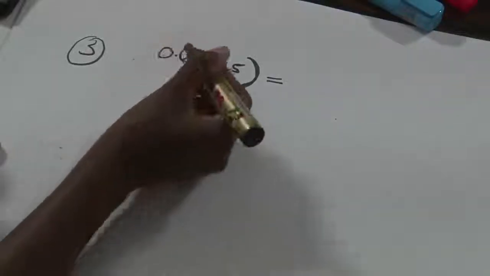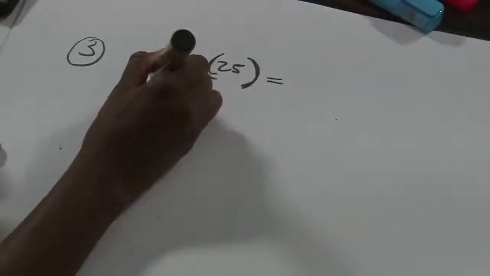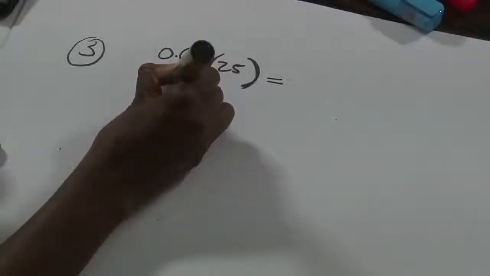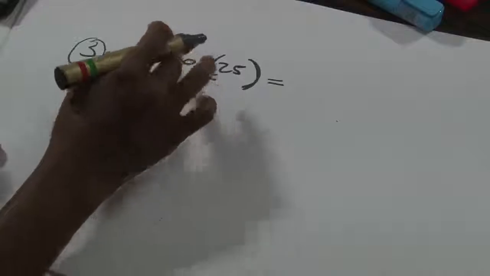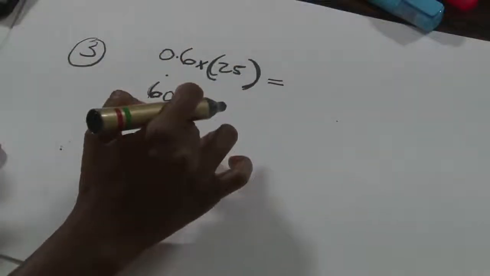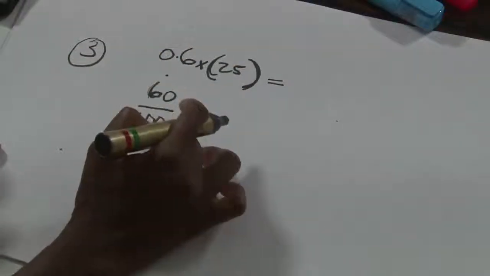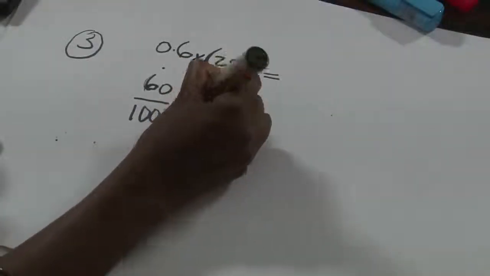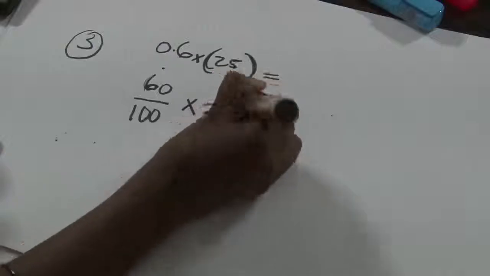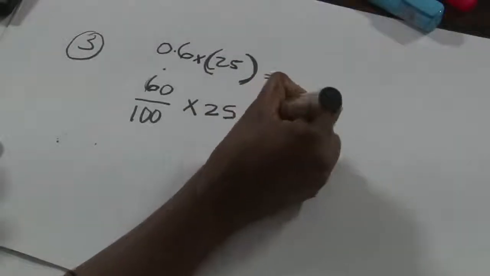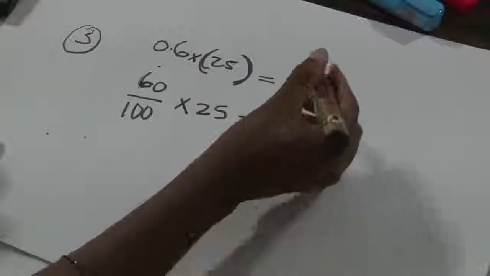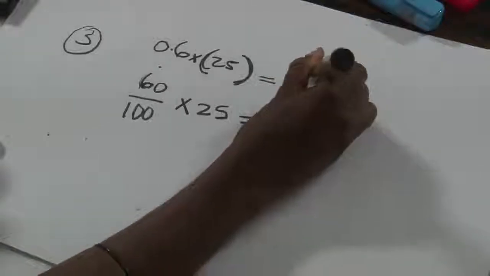Instead of 0.6, you make it 60 over 100. 0.6 is the same as 60 over 100, fraction-wise. And then you still have to multiply it with 25, because 25 is the number of squares in the drawing, and you want to know out of those, how many you need to shade. They will both give you the same answer, which is 15.